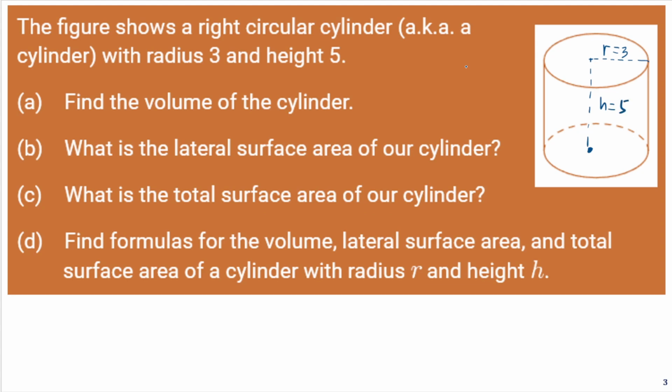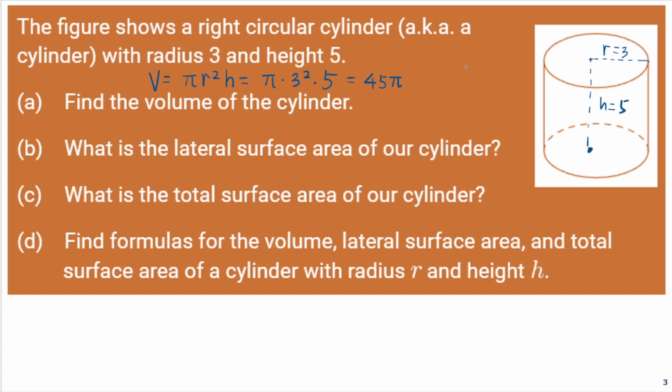Okay, let's have a look at the solution together. First question. The area of the base is pi times 3 squared, right? So the volume is given by pi r squared h, which is pi times 3 squared times 5, and this gives us 45 pi.